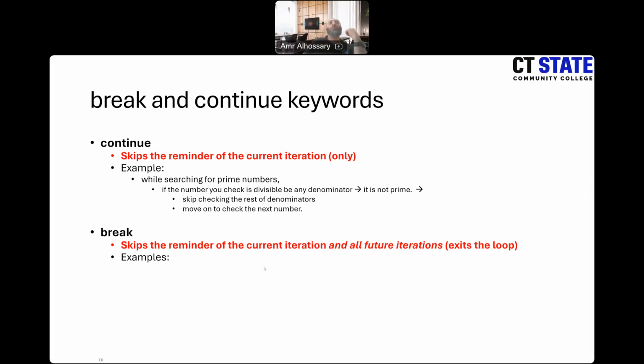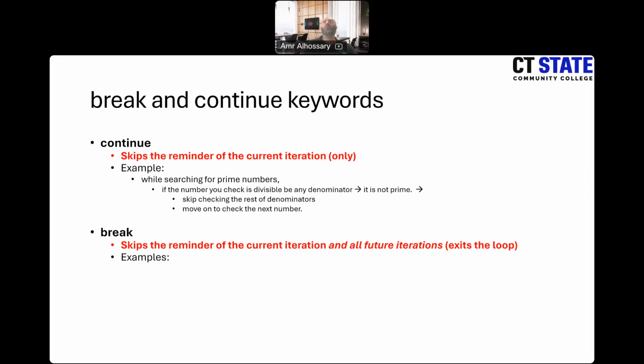When do we need that? An example of the first one is while searching for prime numbers. If you want to search prime numbers, how do you know that a number is prime or not? By trying to divide it by all numbers below it.